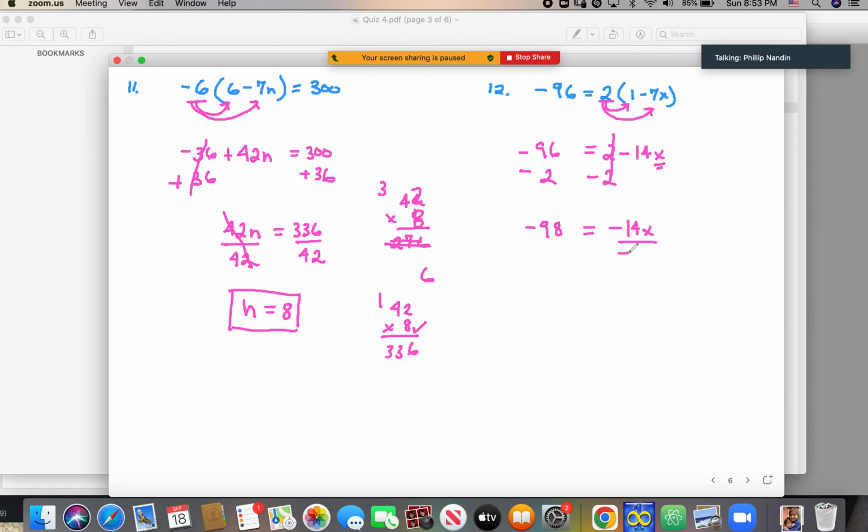Negative 14x is equal to negative 98. And now I divide by negative 14 on both sides. This cancels. I get x is equal to, well, 98 divided by 14. I guess 6, 12, 18, 24, maybe 7, maybe 8, 16, 24, nope. 7 times, yeah, 7 times.